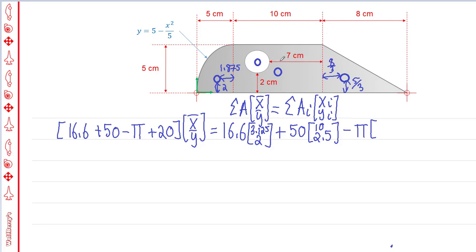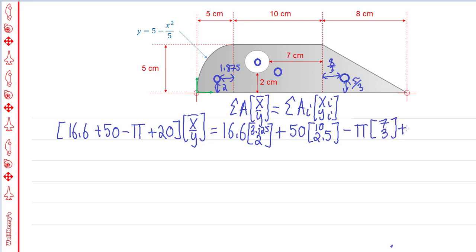This is 7. 7 plus 1 radius is 8, plus another radius of 9, and then plus that distance reaches 10. So that distance there must be 1. So 5 add 1 is 7. The distance of this to this line is 7 centimeters. 7. Now the height is going to be, if we take a look at the center of gravity, the radius is 1 plus 2 is going to be 3.